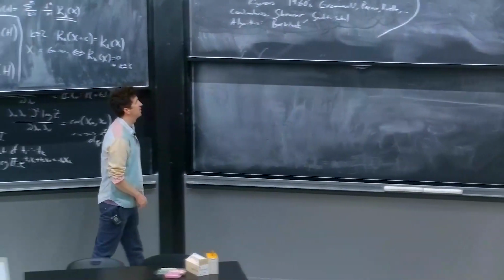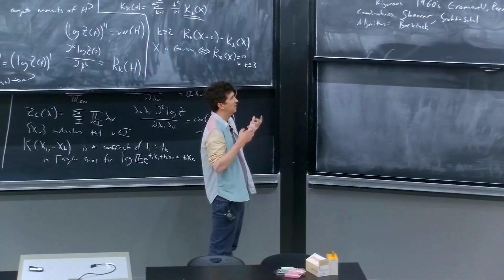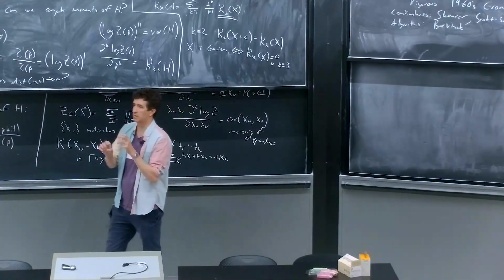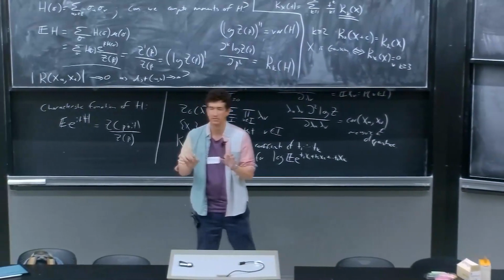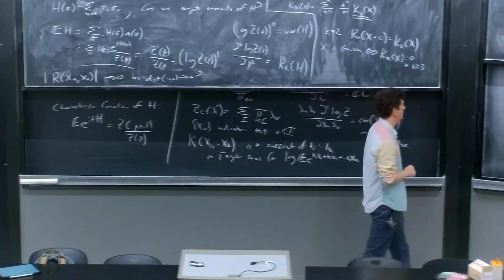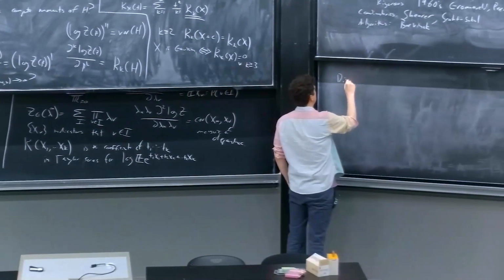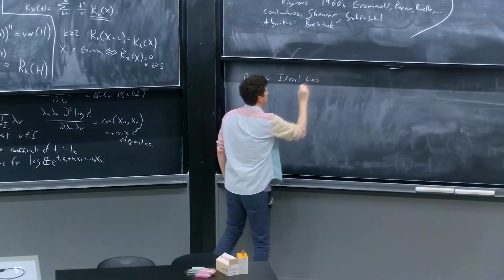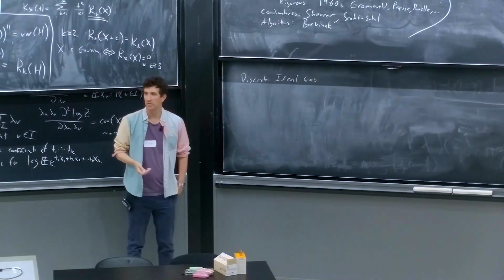So the first thing is that there's something called an ideal gas, where the gas molecules don't interact at all. Let's talk about a discrete ideal gas. What would a gas that doesn't interact at all look like?